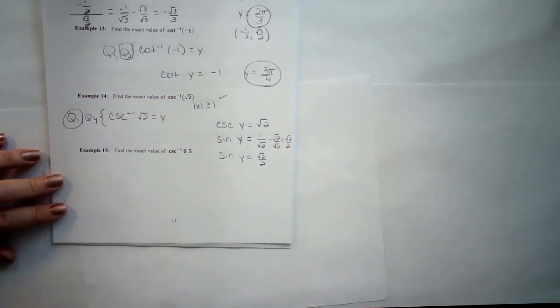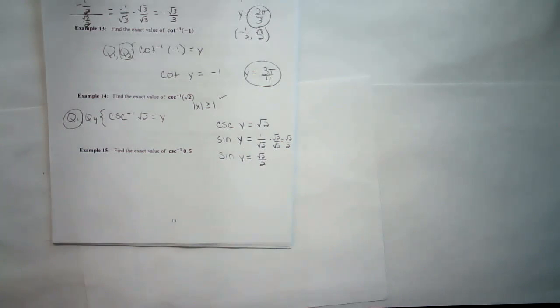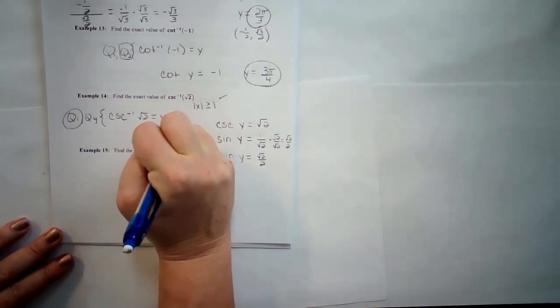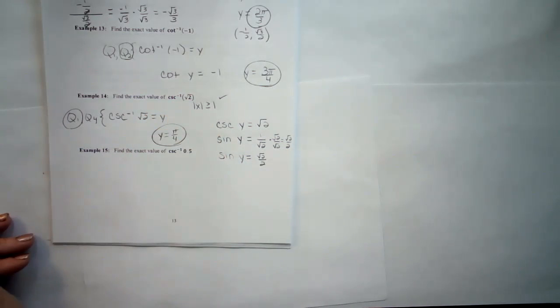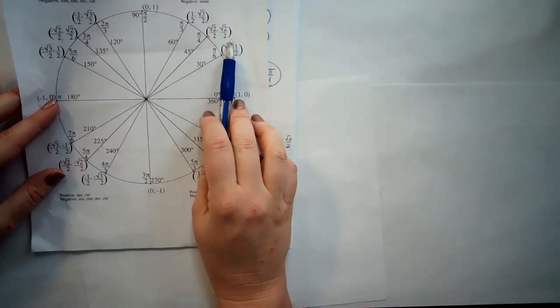That one was a little trickier, right? All we did was flip it and rationalize it. Where in quadrant 1 is sine equal to root of 2 over 2? That's pi over 4. So that's right here. There's our cosine, there's our sine.